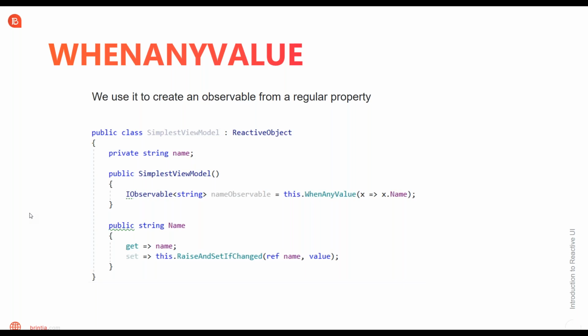In this example, we have a name property that can be bound with a binding. Whenever the name changes, the name observable will receive the name and it will be pushed through the pipe, through the observable. The method WhenAnyValue can be used to create an observable out of not only one, but many properties to produce a combined value, as we will see in the next example.